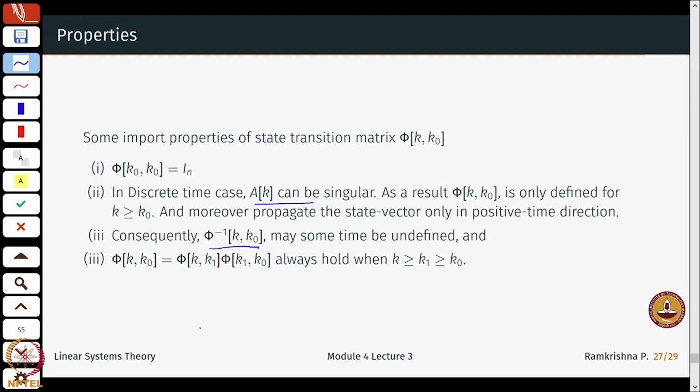Okay, we will postpone this discussion until we actually encounter a situation like this, whereas all the other properties of the state transition matrix remain the same.